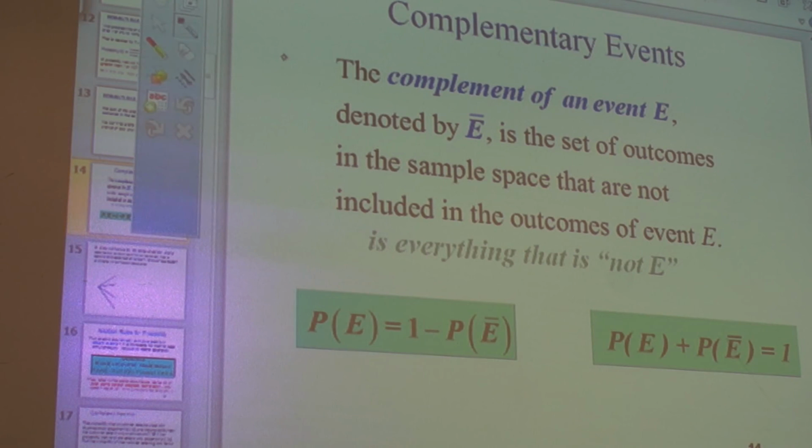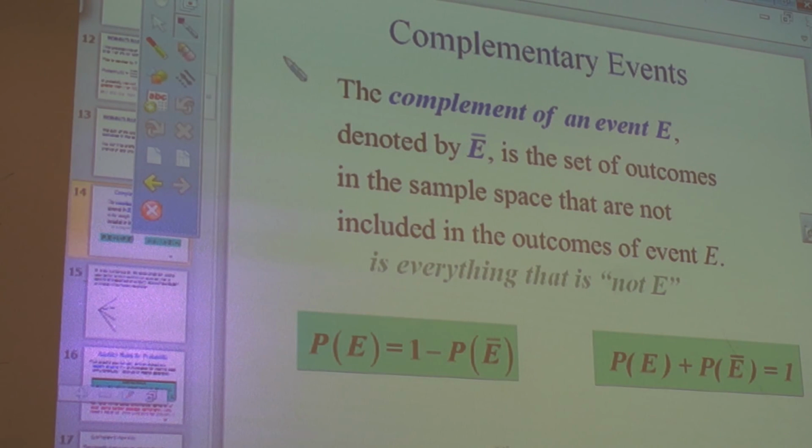Okay, the other thing we talked about was complementary events. The complementary event of E, denoted by E bar or E with a little C over it sometimes, is everything that's not in E. All right, so either you ride a bicycle or you don't.